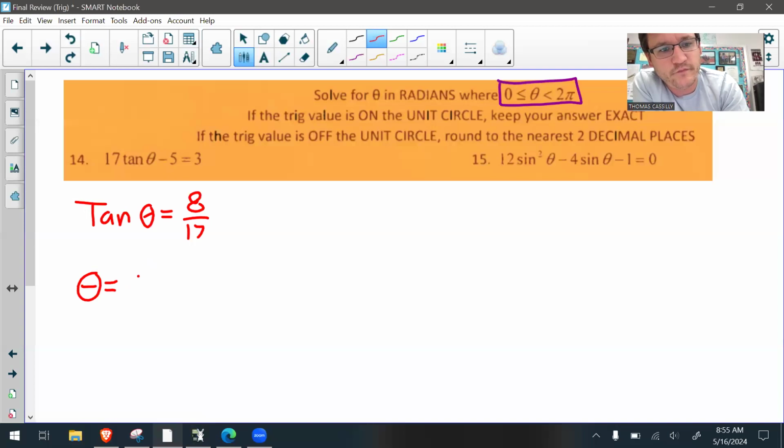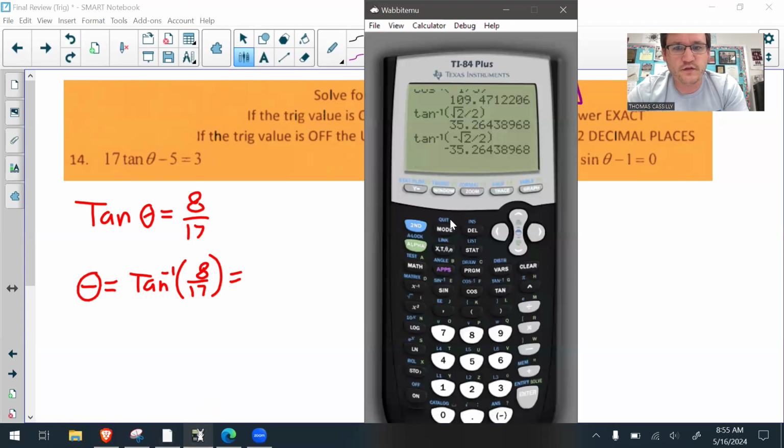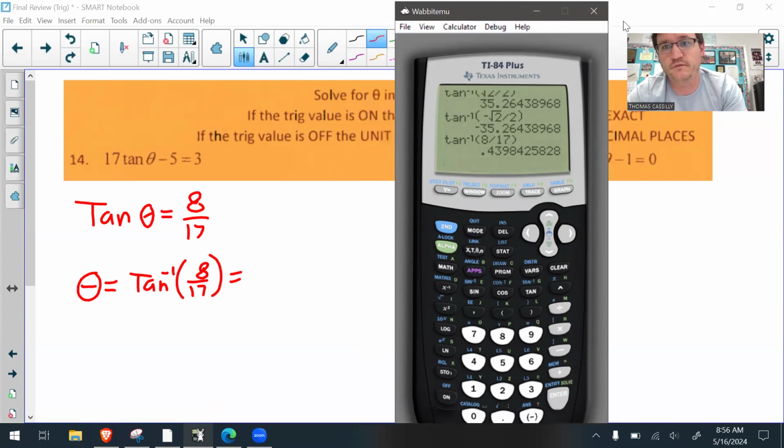Theta equals the inverse tangent, or again, the arc tangent, whichever one you prefer, of 8/17. We're going to put that into our calculator. The inverse tangent of 8/17. And again, this is some decimal. They tell us to round it. What do they want us to round to? 2 decimals on these things. So that's going to be 0.44.